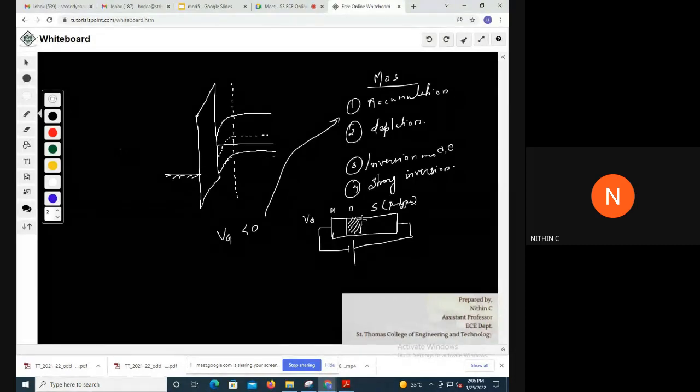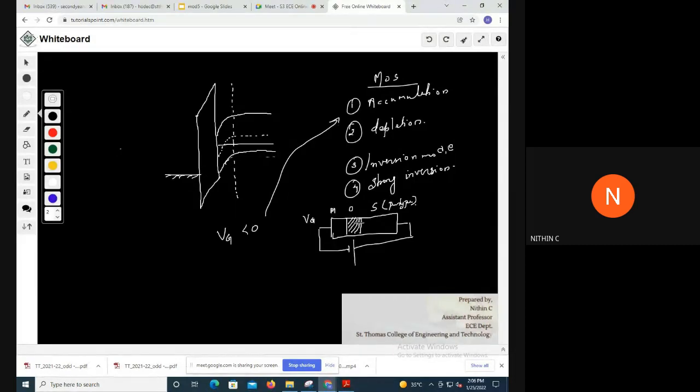It forms a layer of holes at the interface between the semiconductor and the oxide. That is called the accumulation of holes, and that particular mode is called accumulation mode.